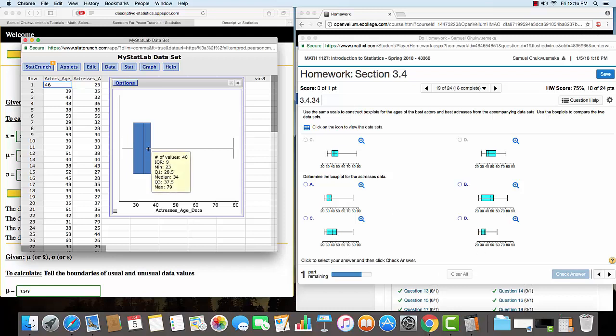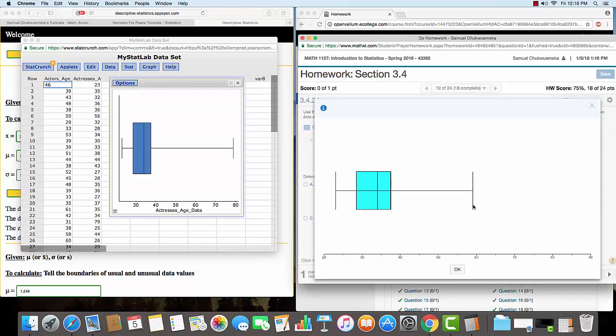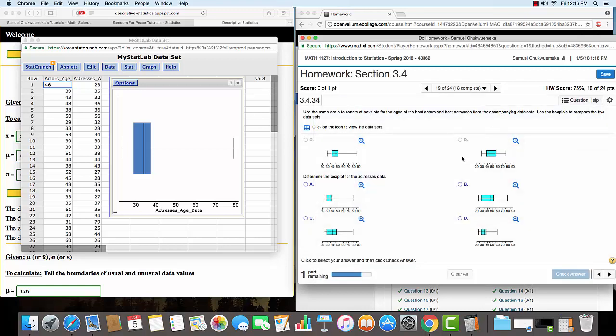Maximum is 79. A is okay, B is okay, C is okay, D is out. Maximum is 79, this is less than 60. So we are left with A, B, and C.